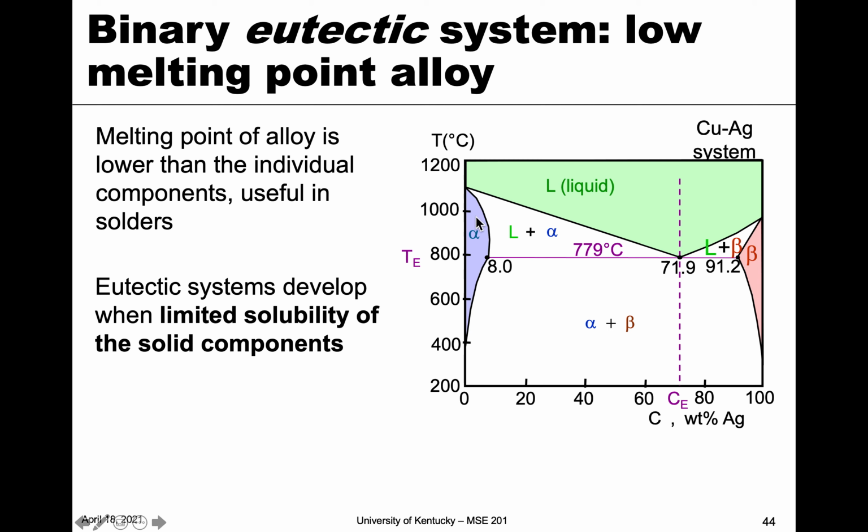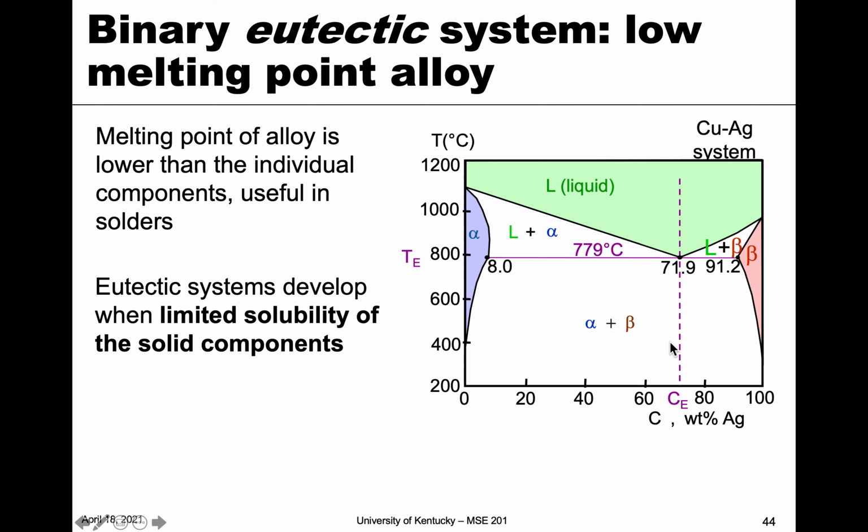And so you notice here on the left side, the left terminal, this is alpha. This is the solid that most closely resembles copper. And you see beta, which is the solid most closely resembling silver.